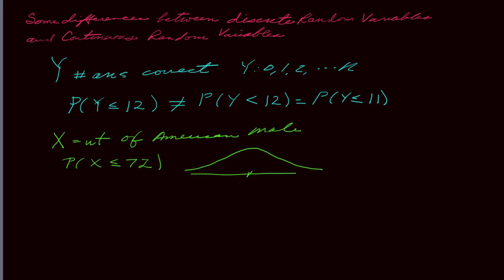Now this is the PDF for x, so it's bell-shaped. The high point is above mu, which is 69.5, and over to the right is 72, and the probability that x is less than or equal to 72 is that area to the left of x equals 72. So that's the area I'm shading right now. There's your probability that x is less than or equal to 72.